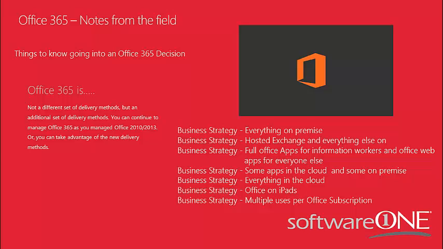There may be some extra steps or some changes that you have to make to your infrastructure to continue to offer Office that way. But overall, it's the same package, it's the same functionality set, and they're the same delivery methods. However, what Office 365 gives us is additional ways to deliver it.